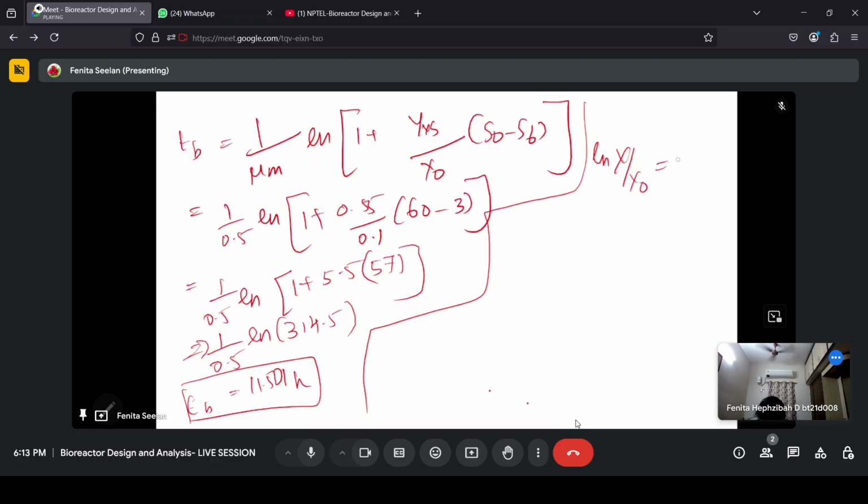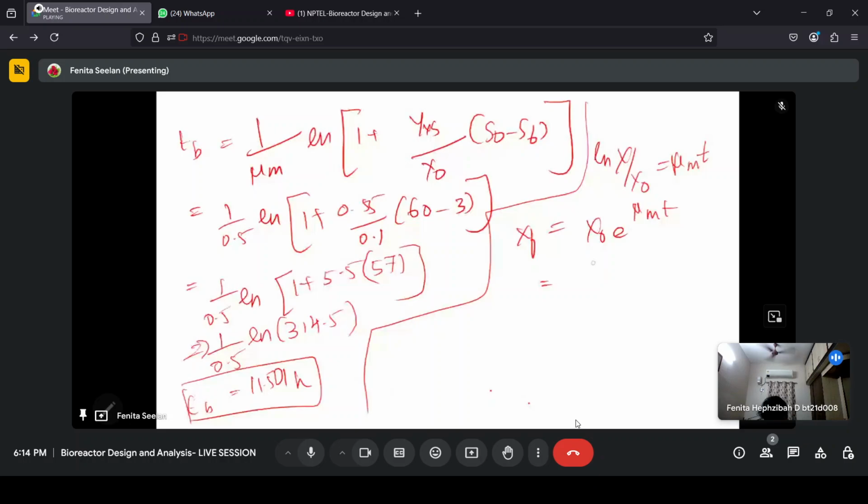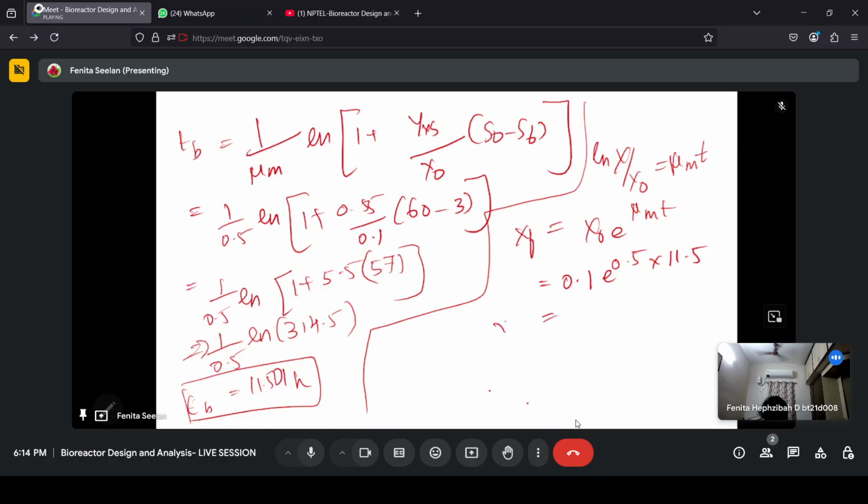We all know that ln X by X naught is equal to mu max into T. If we give the notation XF to this and rearrange the equation, it will become X naught into e power of mu max into T. So X naught we know is 0.1, mu max is given as 0.5, and we know the batch time is 11.5. So we can easily calculate the XF.